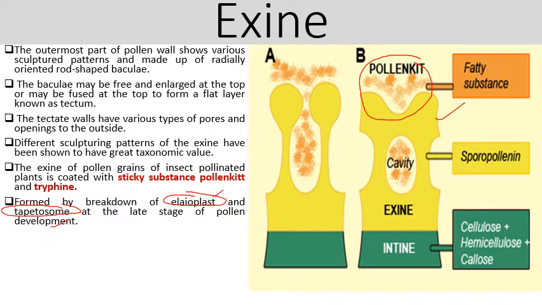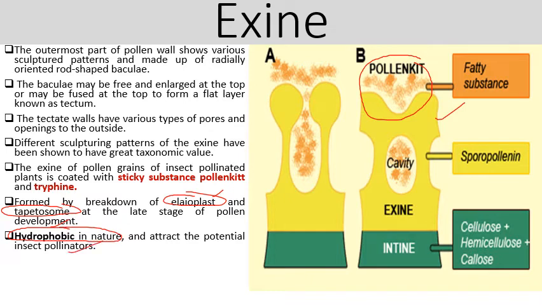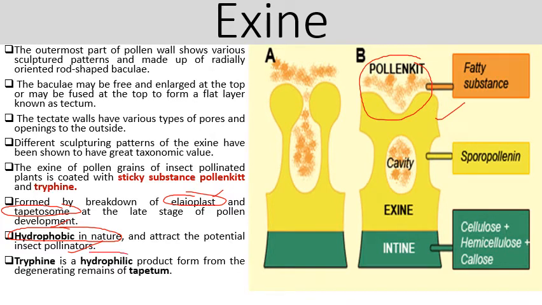These two are responsible: elaioplasts, which store fat, and tapetosomes, from whose breakdown pollen kit forms at the later stage of pollen development. While tryphine is a hydrophilic product formed from the degenerating remains of the tapetum. So it is also formed from tapetum, but it is a hydrophilic substance.